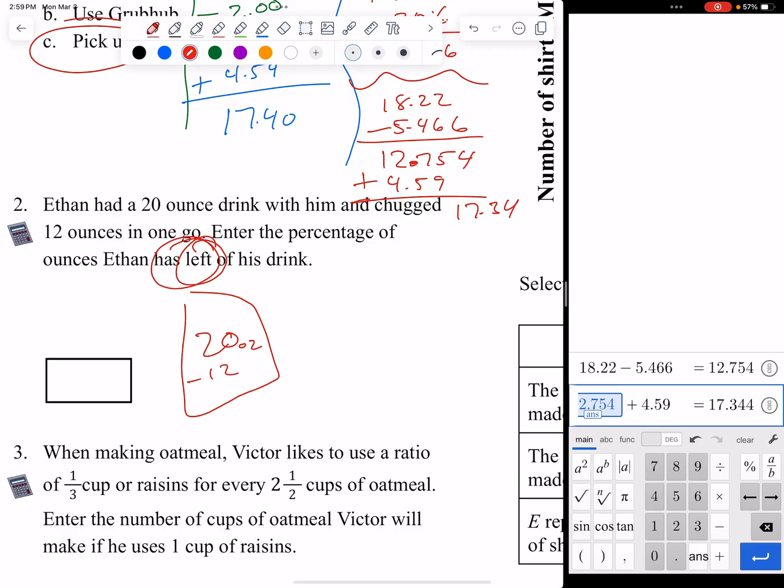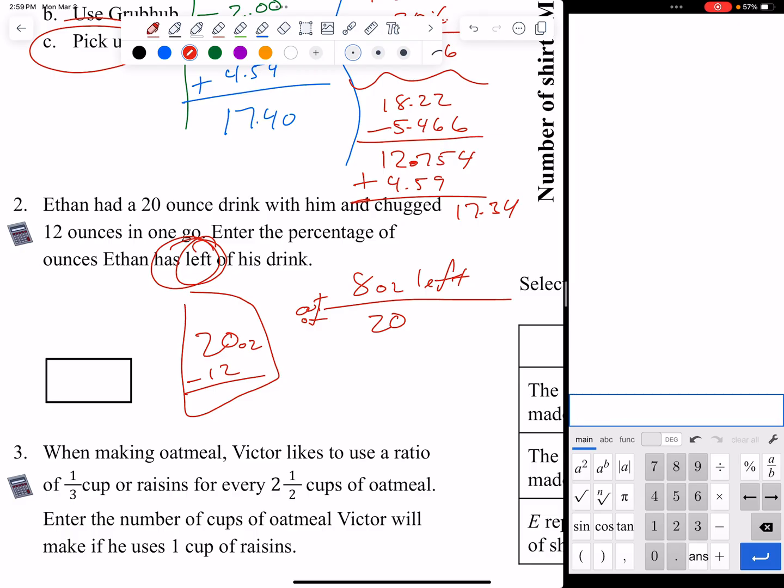So, if you take away the 12, there are 8 ounces left. In other words, he has 8 ounces out of 20 ounces. And I have a calculator. So 8 out of, aka divided by 20, is 0.4.